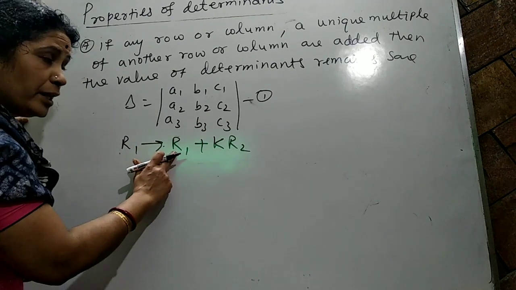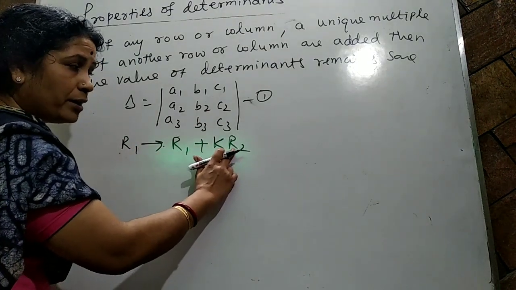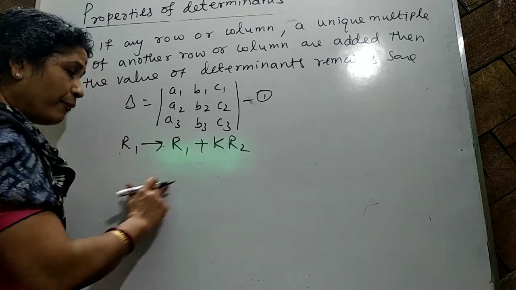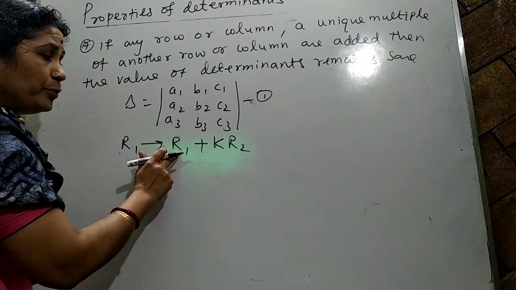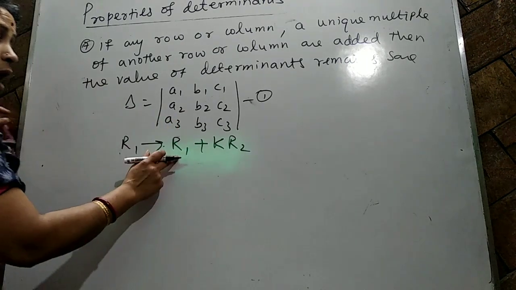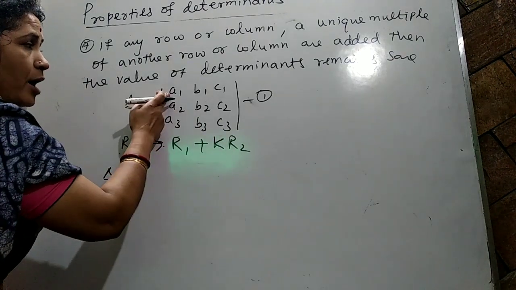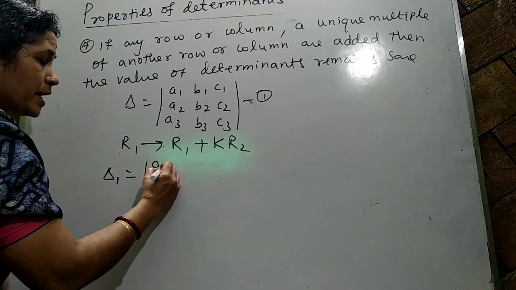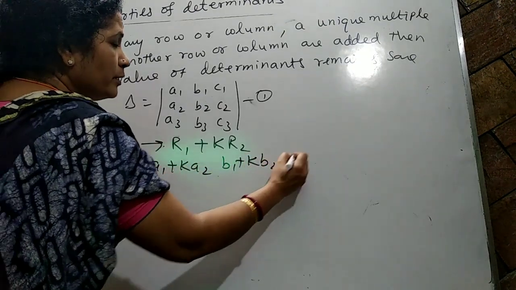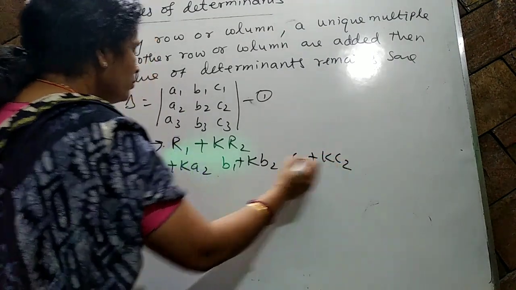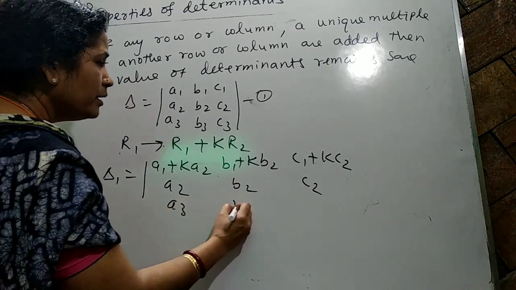So R1 can be written as R1 plus K into R2. Once again, when a unique multiple of another row is added, the value of the determinant remains delta. That is the property. Now I am doing this operation. Delta 1 equals R1 plus KR2, that is a1 plus Ka2, b1 plus Kb2, c1 plus Kc2, with the remaining rows same: a2, b2, c2 and a3, b3, c3.